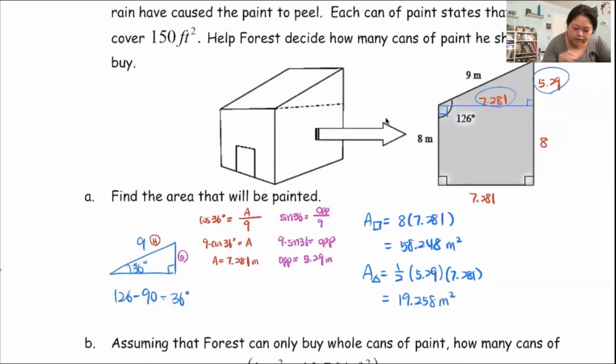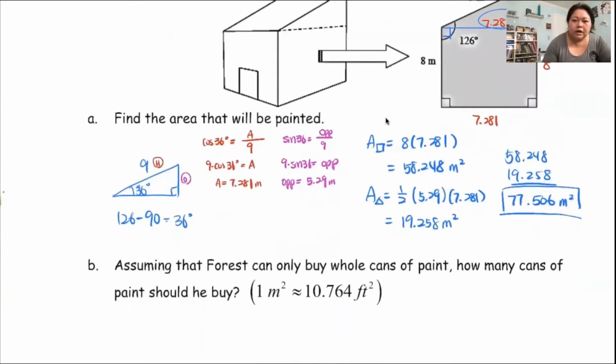Okay, so let's add them up. A total area, so 58.248 plus 19.258. That gives me a total of 77.506 square meters. That's the total area.